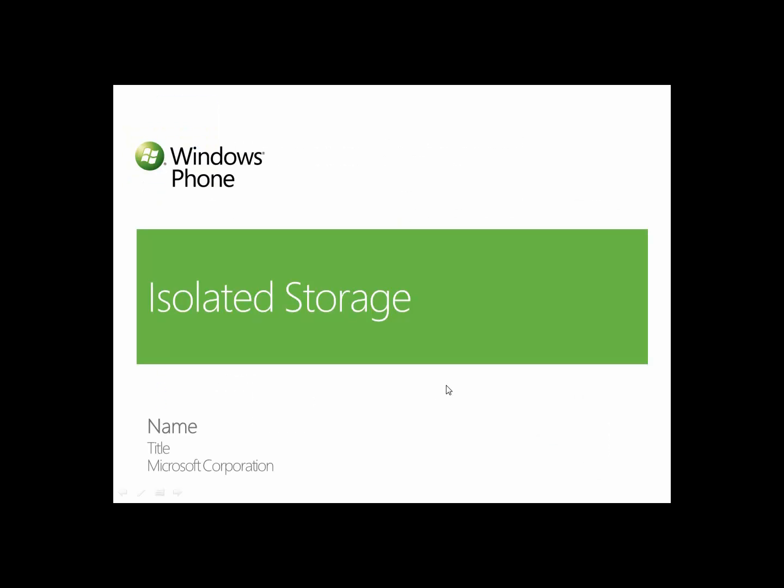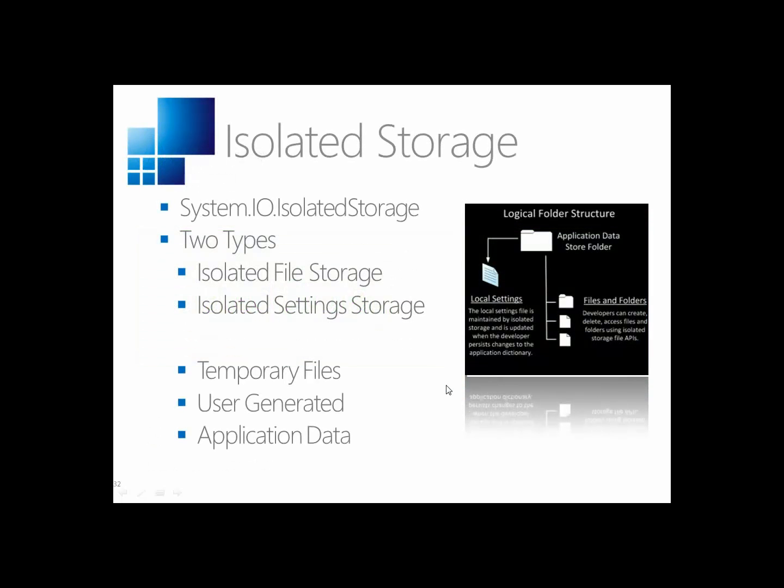So isolated storage is a piece of cake. There's only a couple things you have to be aware of. Isolated storage is found in System.IO.IsolatedStorage. If you've ever done any System.IO create, reading memory streams, all that stuff, it's exactly the same. It's just the fact that it's an isolated storage on the phone.